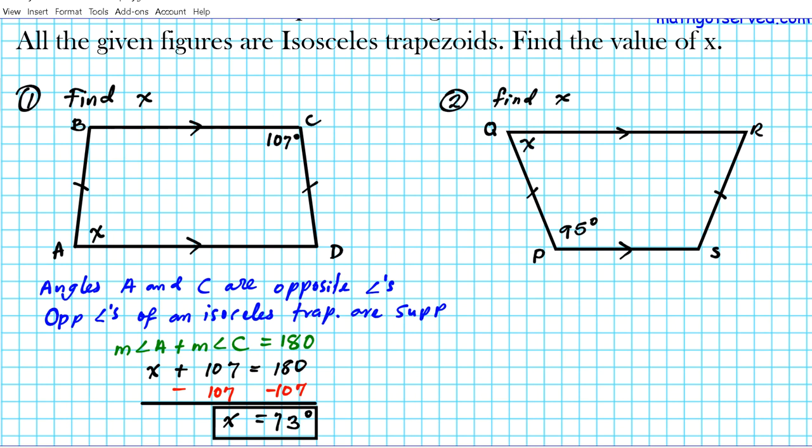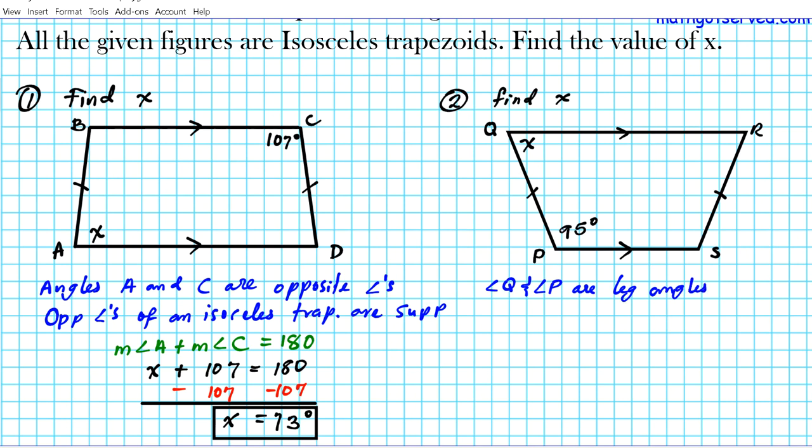So what is x? First of all, what's the relationship between these two angles? These are leg angles for the trapezoid. Angle Q and angle P are leg angles of an isosceles trapezoid.